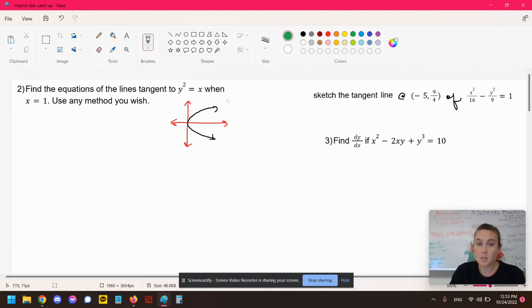A lot of people that did this broke this into two different functions, right? Said that this top part can be represented by y is the square root of x, and this bottom part can be represented by y equals the negative square root of x, and then treated it like two problems, right? They said, oh, at x equals 1, our point is (1, 1) or (1, negative 1).